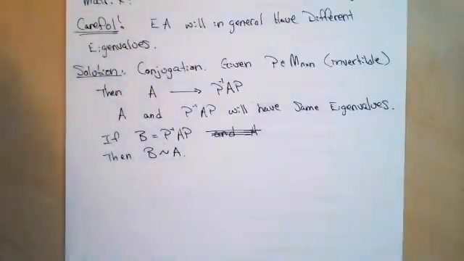If their traces are equivalent, maybe we can do some extra work and compare the eigenvalues. But if the traces are different, we know the eigenvalues are absolutely going to be different. So take a look at traces. You should at least know how to compute it. It is the sum of the diagonal entries. Know all those properties and principles as well. There might be some questions like that on the final.